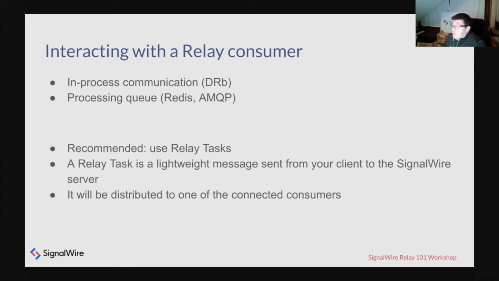SignalWire servers will then distribute it to one of the connected consumers, that is, one of your consumers that are on the proper API key, of course, and also have registered to the correct context. So if you want to send a task to a context called incoming, there has to be at least one consumer that has registered using that context incoming line that we saw earlier.